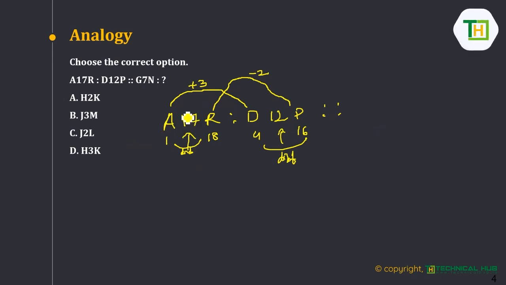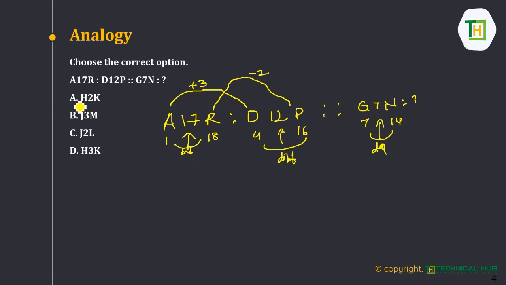The middle number is taken as the difference of the first and last letters. What is the given one here? G7N. G is 7, N is 14. The middle number is the difference between the first and last letter: 7 and 14, the difference is 7.